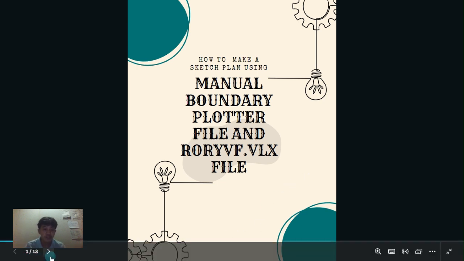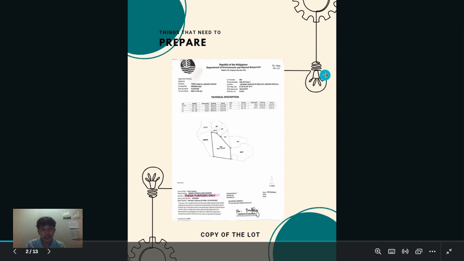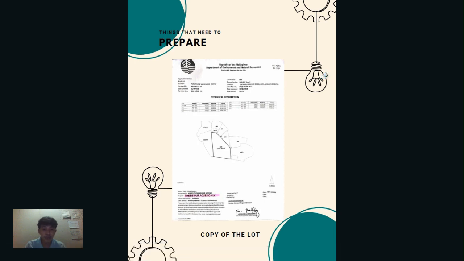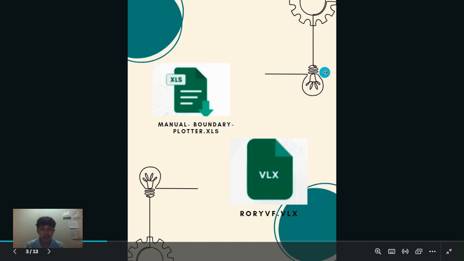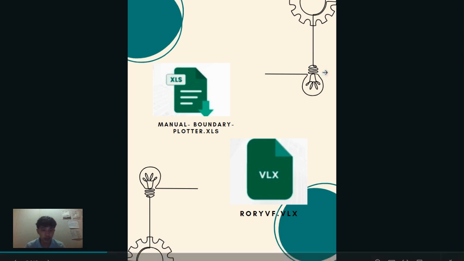So first things first, the things that we need to prepare. The first one is the copy of the lot. About this, you can acquire it from the ENR. The next one is the manual boundary plotter file that we can open in the Excel app later on.